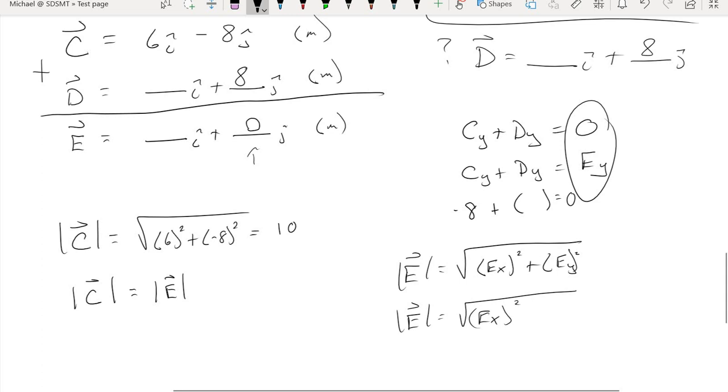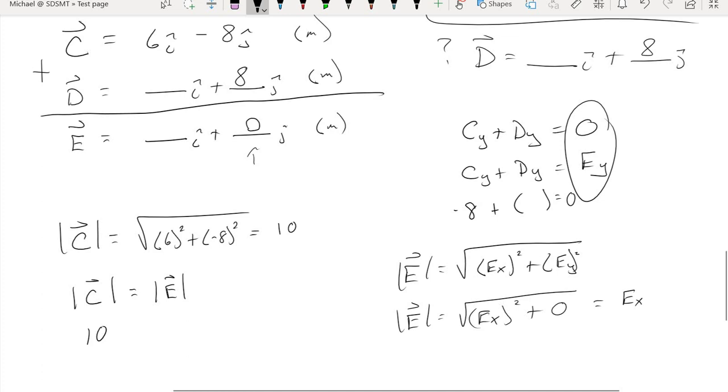And if that's the case, then that means that the magnitude of vector E just has to equal the square root of the x component squared, or the magnitude of vector E is just going to come from its x component.